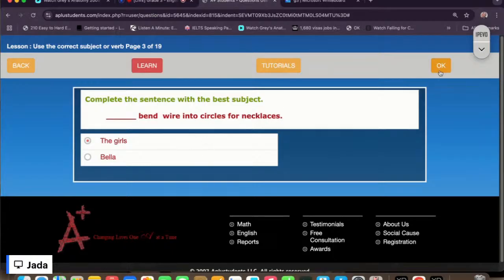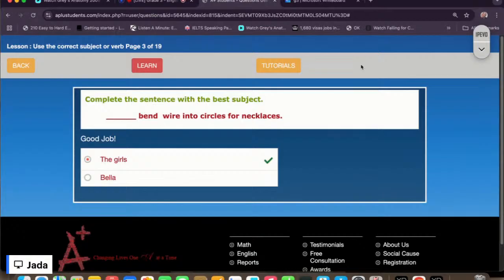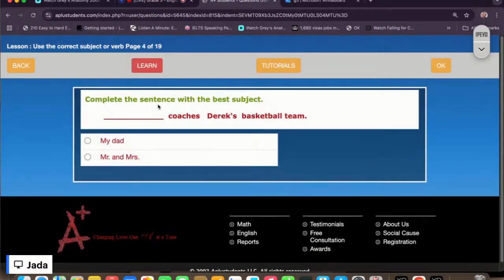All right, so we have the girls. Dash coaches Derek's basketball team.